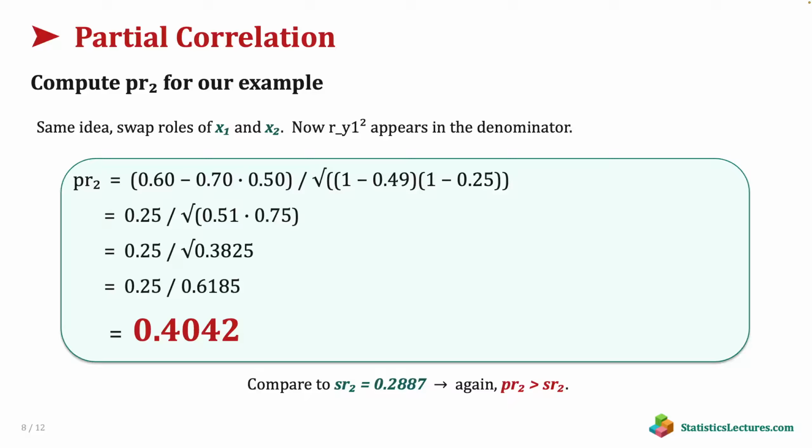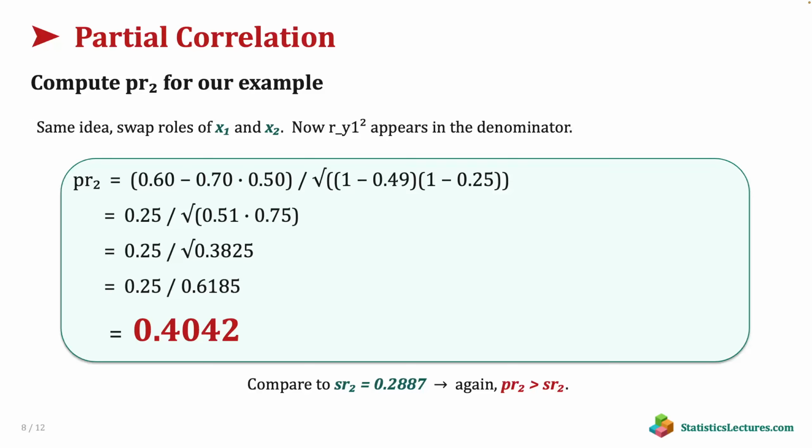Now we can do the same thing for x2. So our numerator swaps. It's now 0.60 minus 0.70 times 0.50, which is 0.60 minus 0.35, which is equal to 0.25. And the denominator is 1 minus 0.70 squared, which is 1 minus 0.49, which is 0.51. 1 minus 0.50 squared is still 0.75.